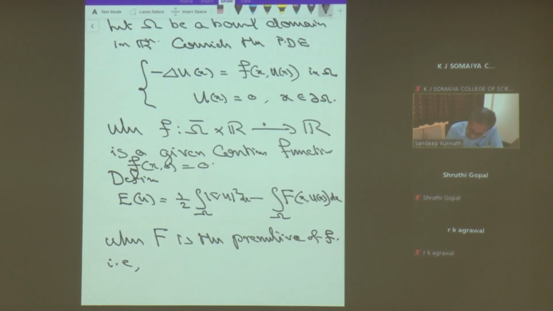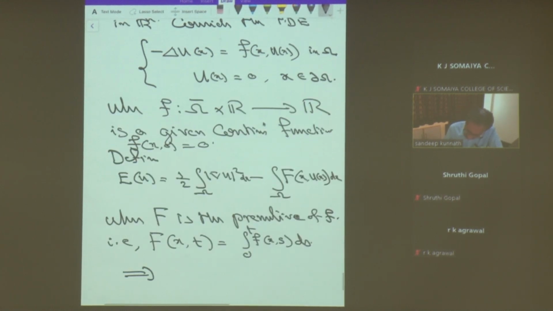So capital F of x, t is defined as the integral from 0 to t of small f of x, s, that is, in the last variable. This implies that d by dt of capital F of x, t is small f of x, t.